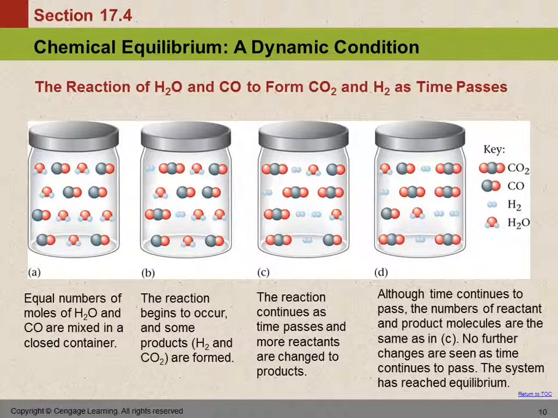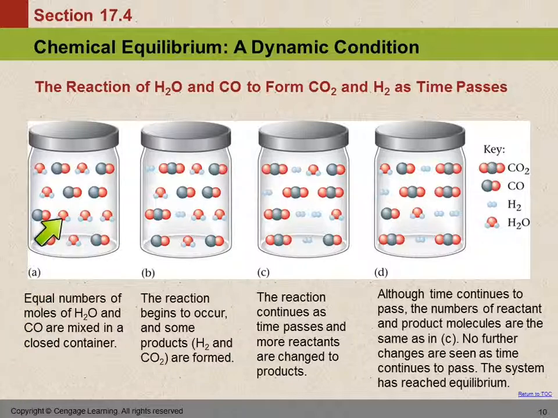Here's a more detailed diagram. Here we're looking at the reaction of water and carbon monoxide to form carbon dioxide. So initially in this container, it says we have equal numbers of moles of water and carbon monoxide.